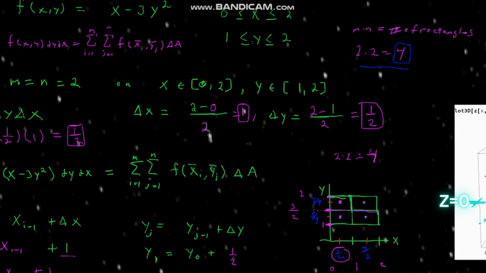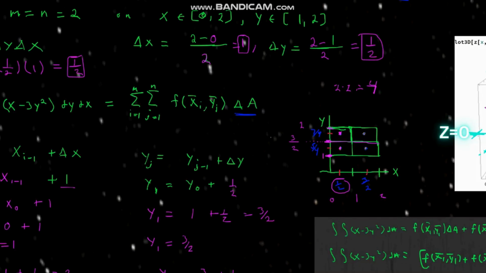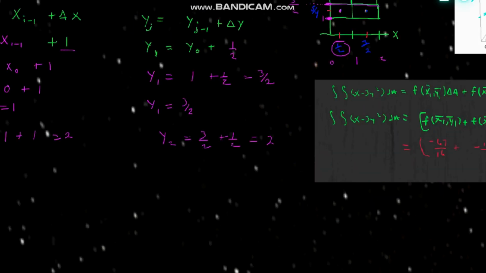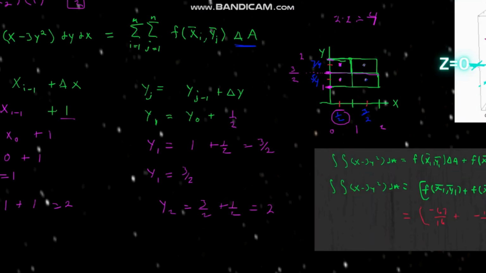That gives you 1/2. Now you find this little surface area element, delta y times delta x. 1/2 times 1 gives you 1/2. This part is going to be the same no matter what. It's just 1/2, so it factors out. When we plug that in later, that's going to be easy.